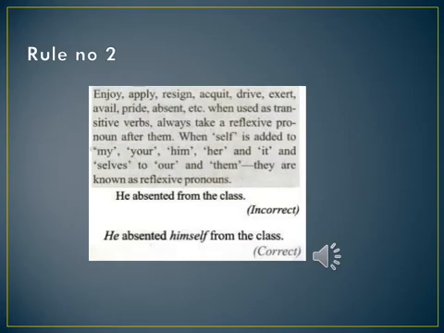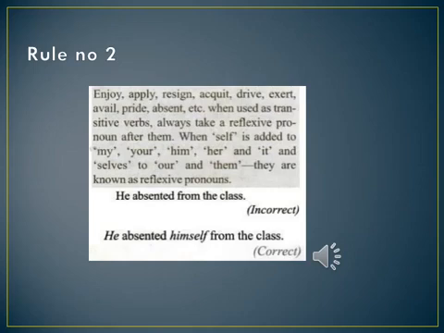When self is added to my, your, him, her and it, and selves to our and them, they are known as reflexive pronouns. So first of all, you have to understand what reflexive pronouns are. When we use self or selves along with other pronouns, those suffixes make them reflexive pronouns.